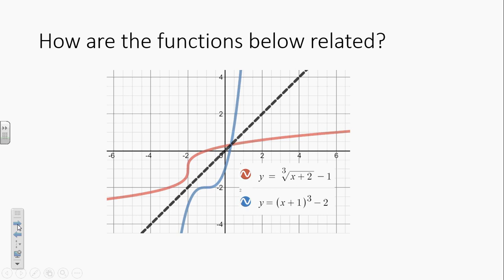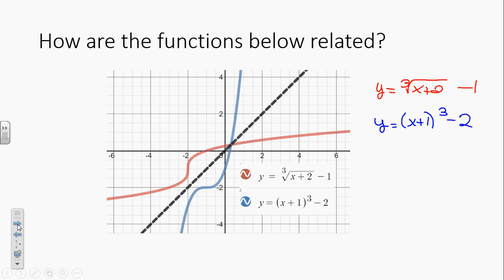They're slightly changed up, aren't they? They're not just a cube root of x and x cubed, are they? I should do this one in red since it matches my color scheme going on here. y equals the cube root of x plus 2 minus 1, and y equals x plus 1 cubed minus 2 are inverses of each other.